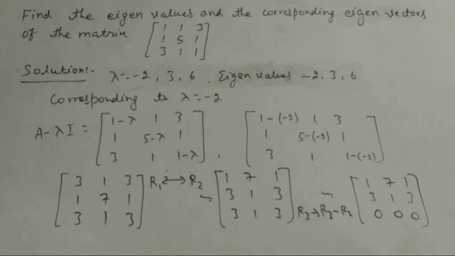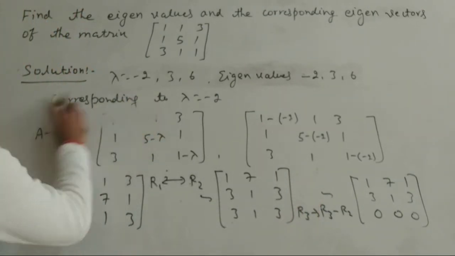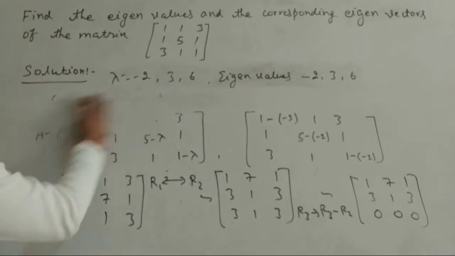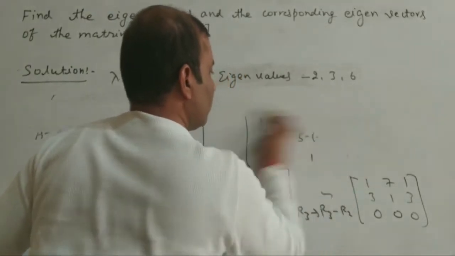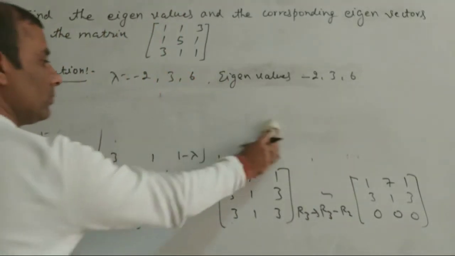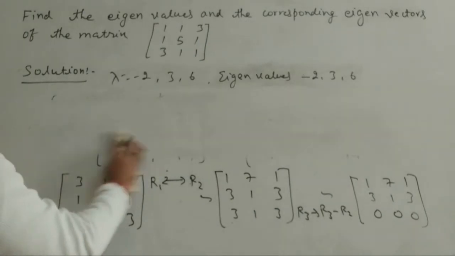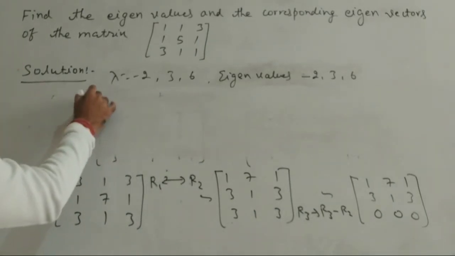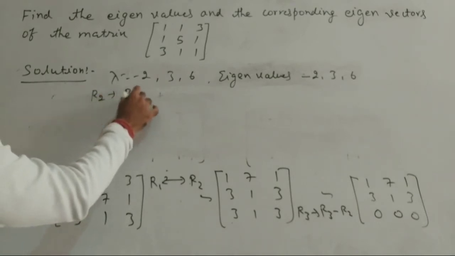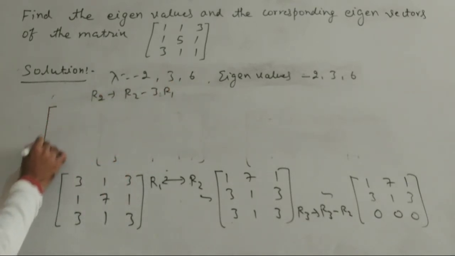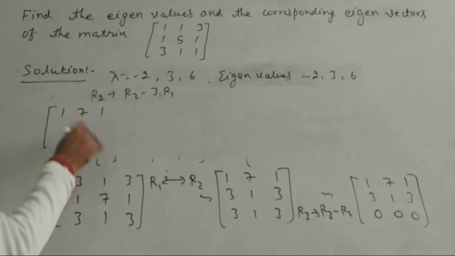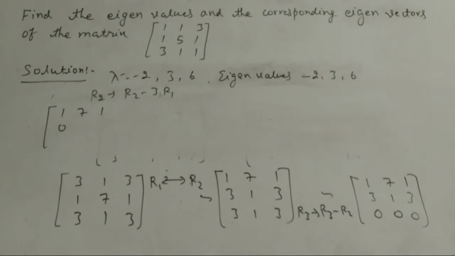Again, R2 goes to R2 minus 3R1. Then it becomes 1 7 1. 3 minus 3 times 0, 1 minus 3 times, that is 1 minus 21.